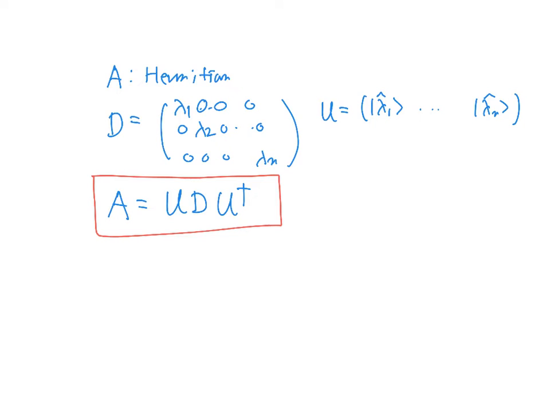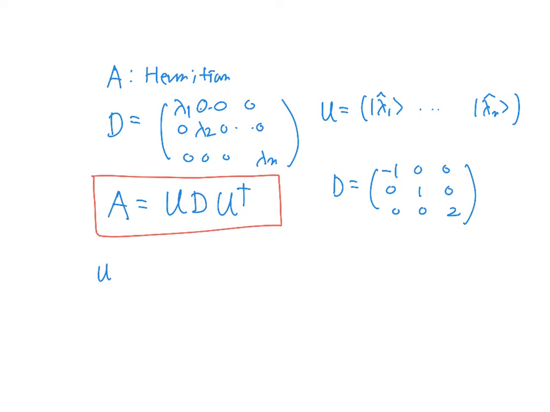And let's just check for 3 by 3. So for the previous case, D was minus 1, 0, 0, 0, 1, 0, 0, 0, 2, right? So let's check that. So U was, anybody remembers the form?